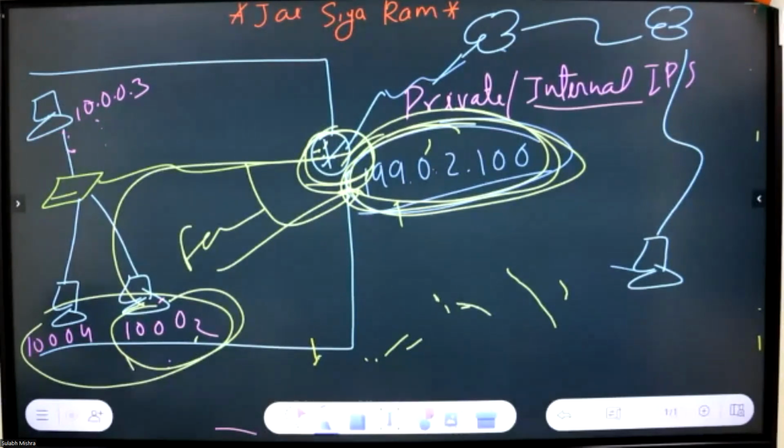Next paragraph you write: all other range of IP addresses except the private IPs range we call as public IP address.